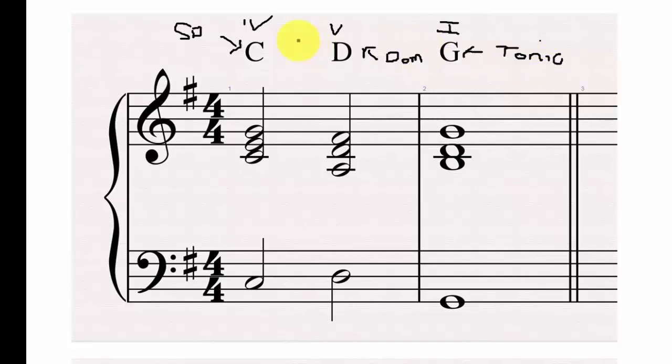Now, if you get a movement like this, which goes subdominant, dominant, to tonic, that's called a full cadence, because all the functional sounds are present in that small three-chord group. And all the sounds are in.